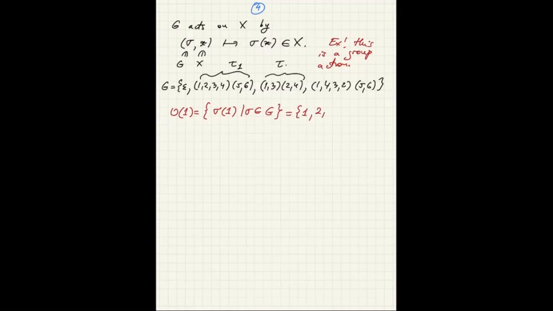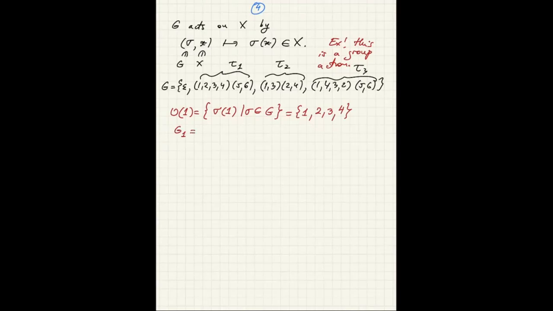This permutation tau 2 maps 1 to 3. And the last permutation, tau 3, maps 1 to 4. So that's the orbit of 1.